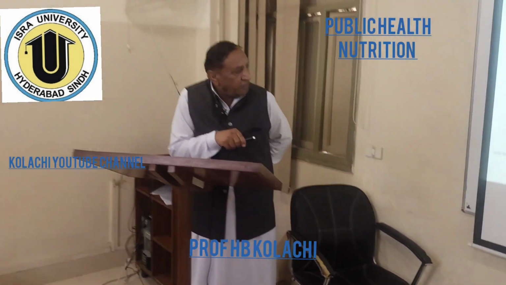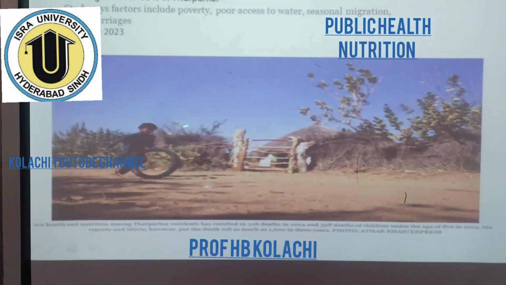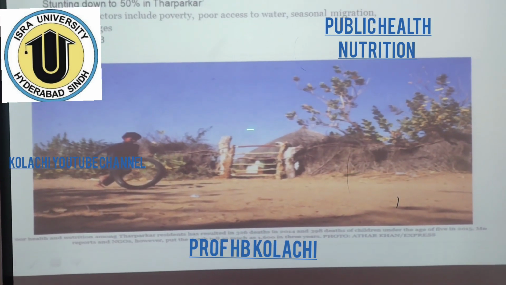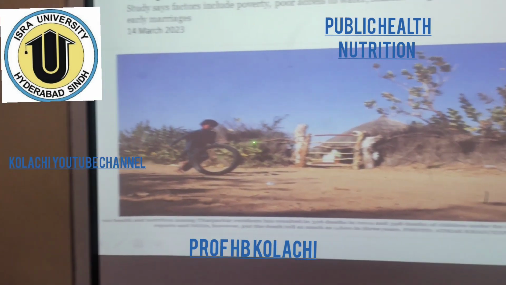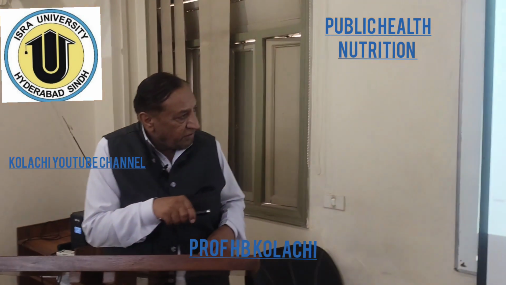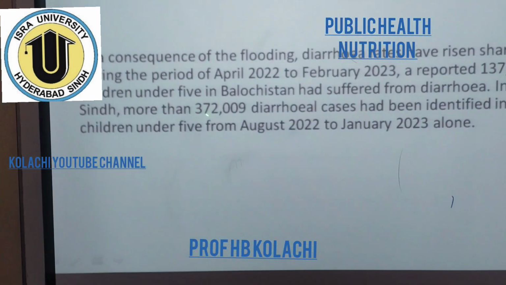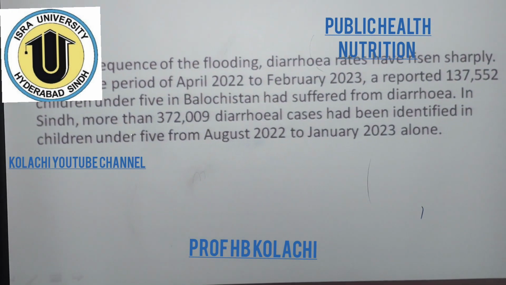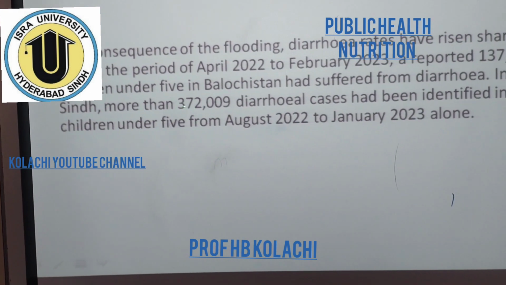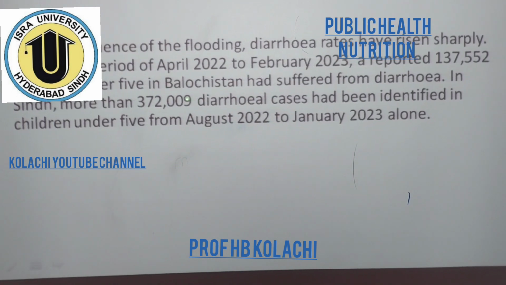This shows the flood picture and the Parkar area also, where malnutrition is present. This is basically from the flood affected areas. Diarrhea was one of the major problems in Sindh during the floods.